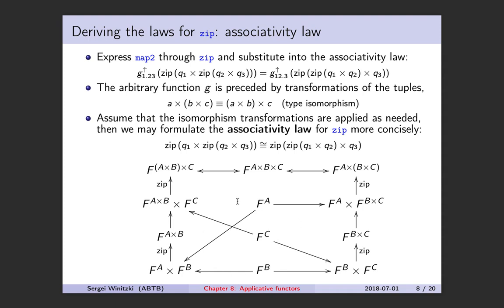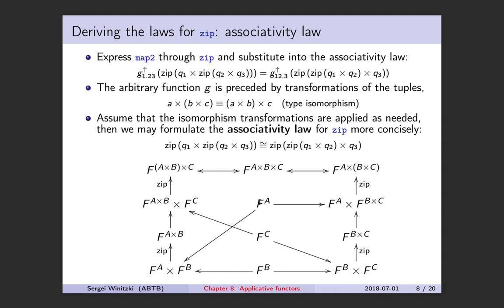This type diagram is quite large, and so let's look at it in this way. So it starts from these three, FA, FB, FC, which I have put into the diagram in this order just arbitrarily. It doesn't really matter.